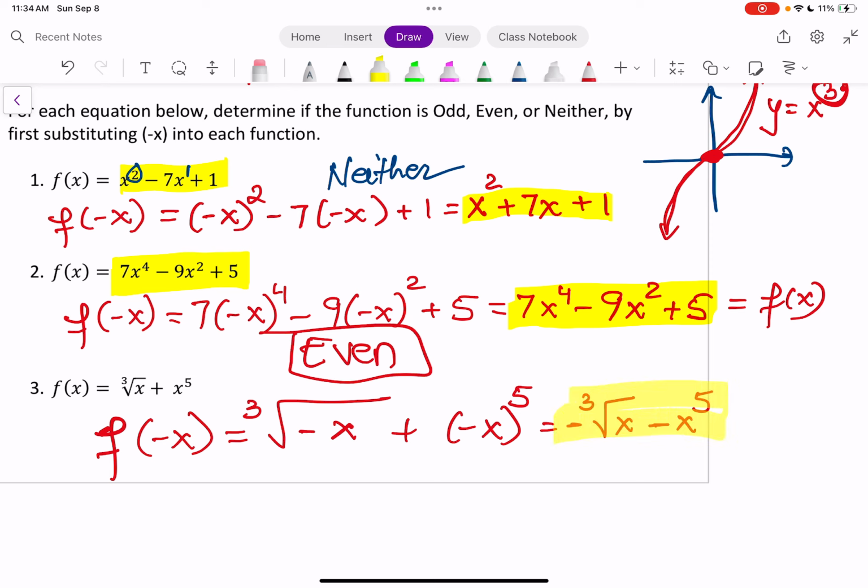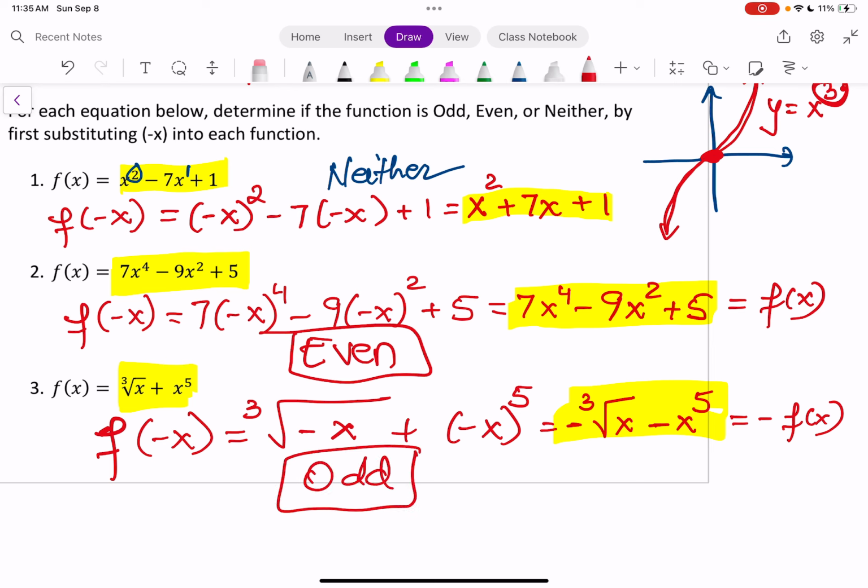So when I compare this expression to the original function, I see that all the signs have changed. So I'm getting the exact opposite of what I had started with. Okay, which makes this function an odd, and its graph will be symmetrical about the origin. Okay, and that concludes our chapter on functions, period.